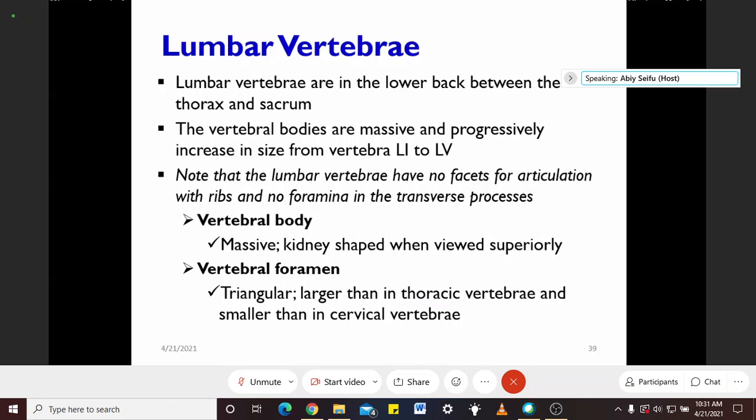And the vertebral foramen is larger and triangular, but still somewhat smaller than that of the cervical vertebrae. The foramen of the cervical vertebrae is larger and triangular as well.